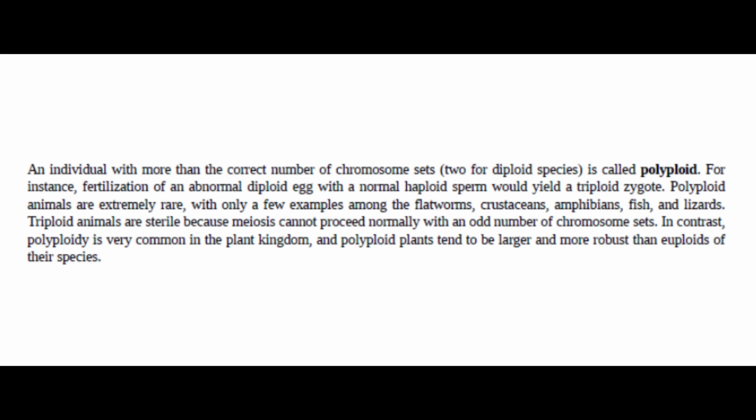Triploid animals are sterile because meiosis cannot proceed normally with an odd number of chromosome sets. In contrast, polyploidy is very common in the plant kingdom, and polyploid plants tend to be larger and more robust than euploids of their species.